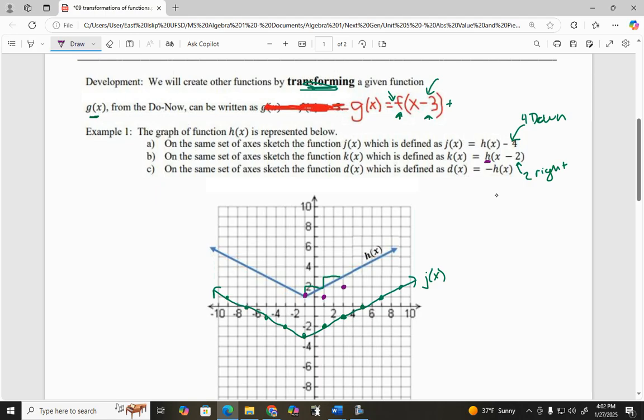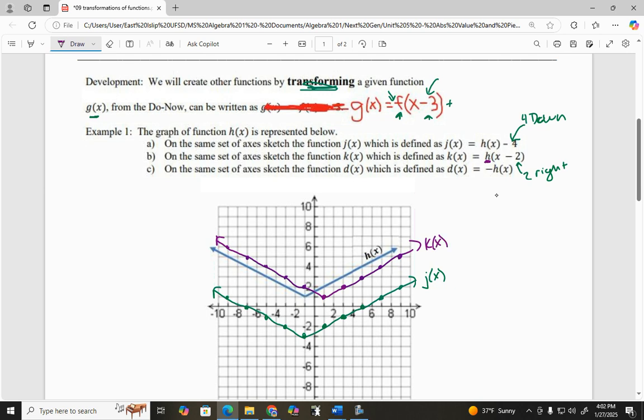And its rate of change is still up 1 over 2. Just going to erase that. And this is k of x.